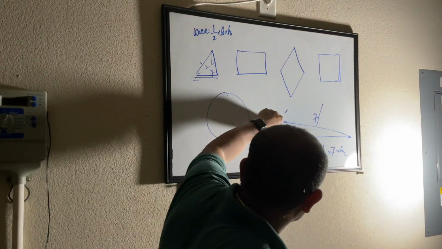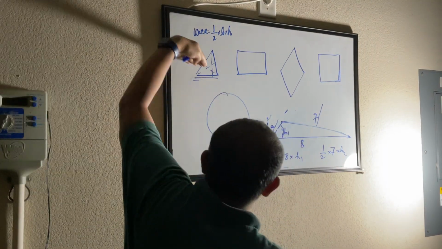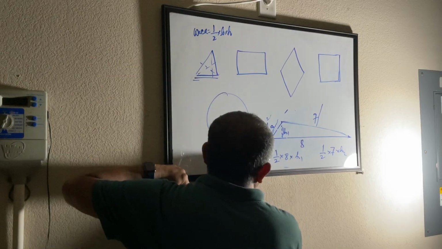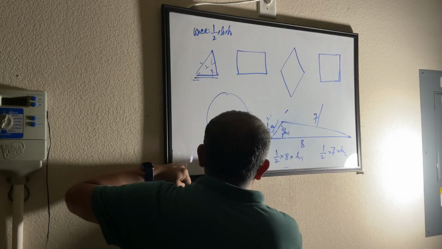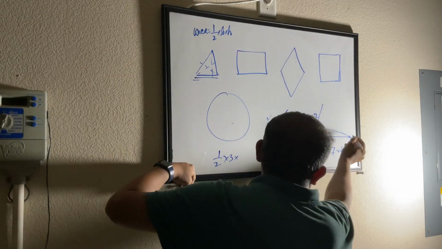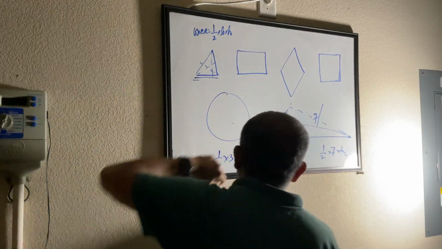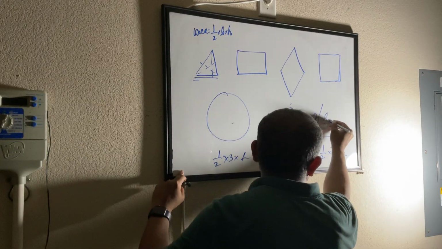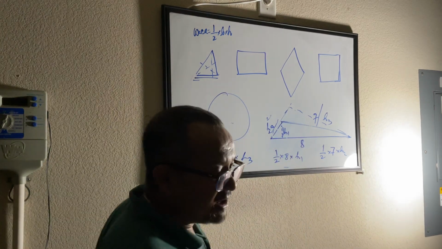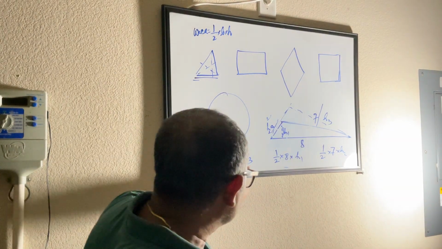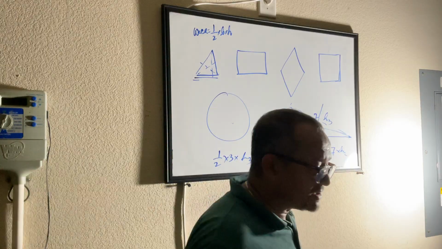If I treat this as the base, meaning I am looking at it from this side, this is 3, half into 3 into this height, which will be from here to here, this whole height. Let's say this is h3. Funny thing is, this value will be the same.